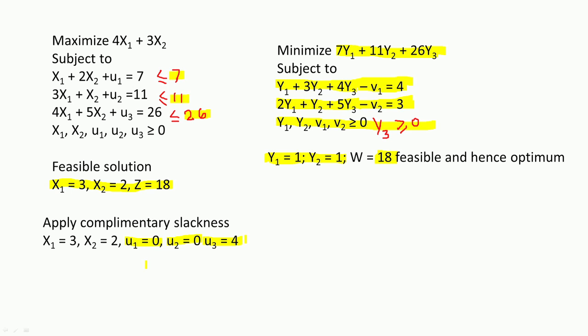So we now have the solution to the primal and we now apply the complementary slackness conditions and see what happens to the dual. Now x1 is equal to 3, x1 is in the solution, x1 v1 should be equal to 0, therefore v1 should be 0. x2 is in the solution, x2 equal to 2, x2 v2 should be equal to 0, therefore v2 is equal to 0.